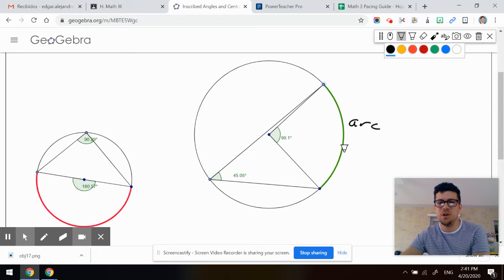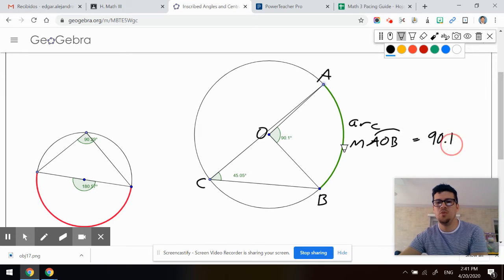For example, the measure of this arc, and let's give this some letters. This is A, let's call this O, let's call this B, and let's call this C. The measure of arc AOB is 90.1 degrees, so we label the arc itself as 90.1 degrees.